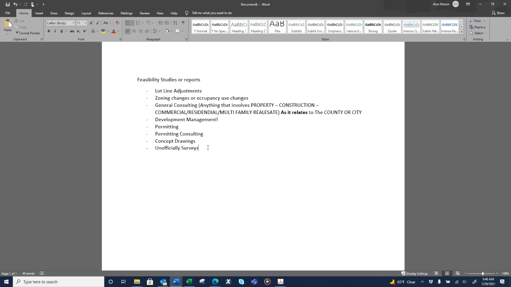So a surveyor goes out, he does a survey, he stamps it. When we're doing a development project, we have to hire surveyors because it gets submitted to the city. The city requires that it has a surveyor stamp. We can't do those stamps, but Joshua has a super sweet way of finding property lines and being able to do these surveys with some equipment that he knows how to use or knows how to get.